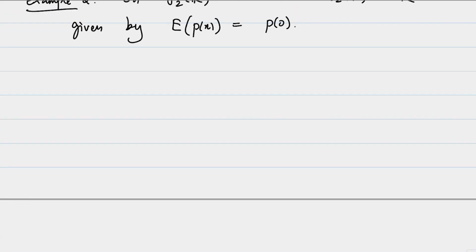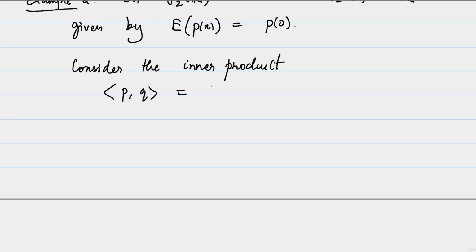Now, let's see, P2 of R has dimension 3. It's a finite dimensional inner product space. Let's look at the inner product with which we would like to consider P2 of R. So consider the inner product of p comma q as being equal to the integral from minus 1 to 1 of p of x q of x dx.